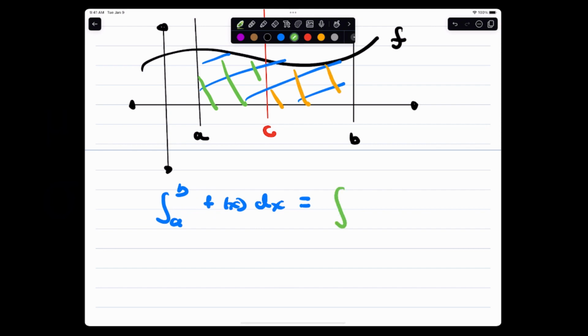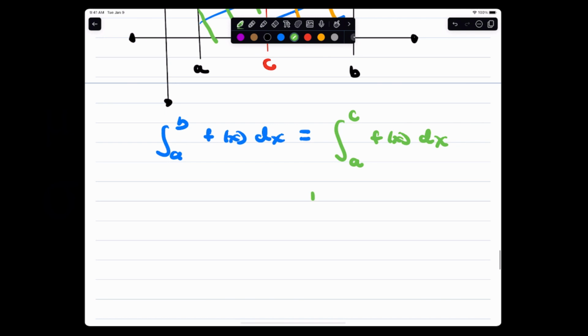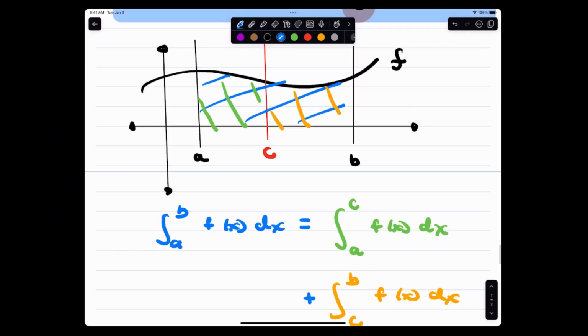Where the green integral is from a to c, and then the orange integral is from c to b. Isn't that kind of interesting? This is all about area, working with that area here.